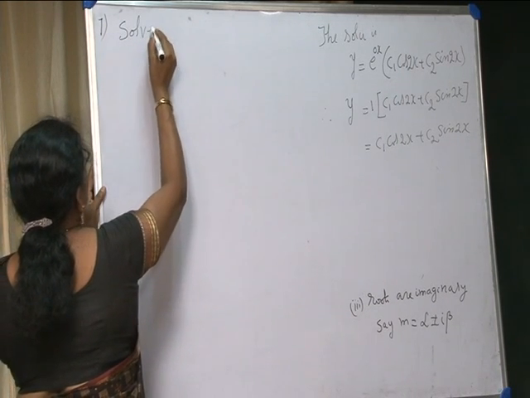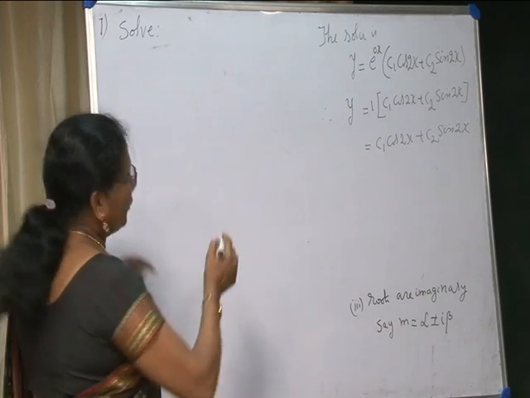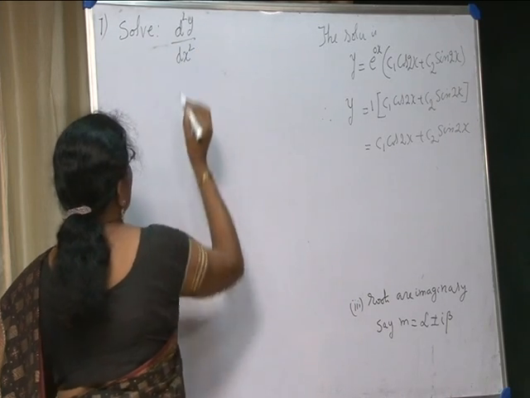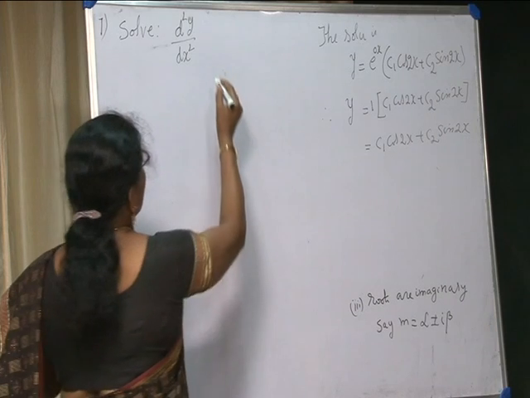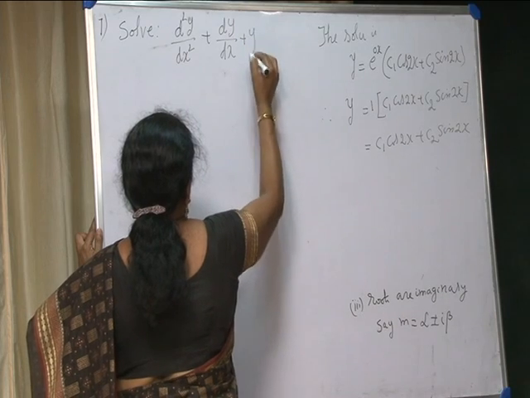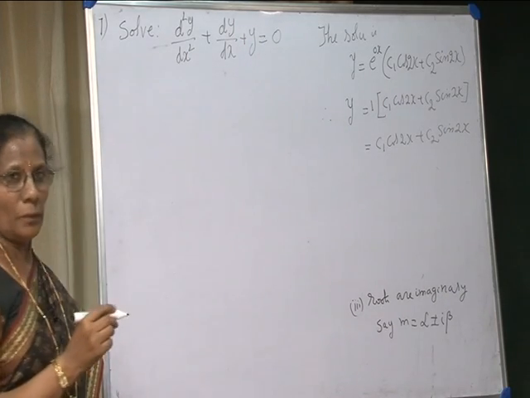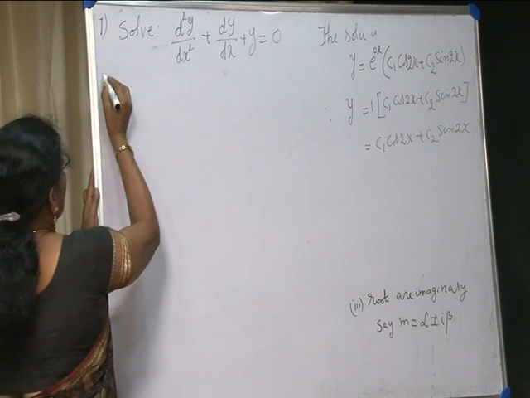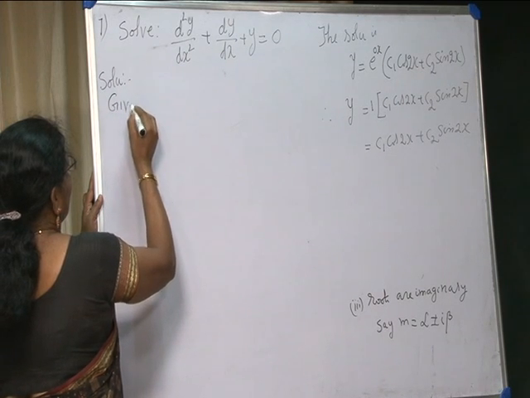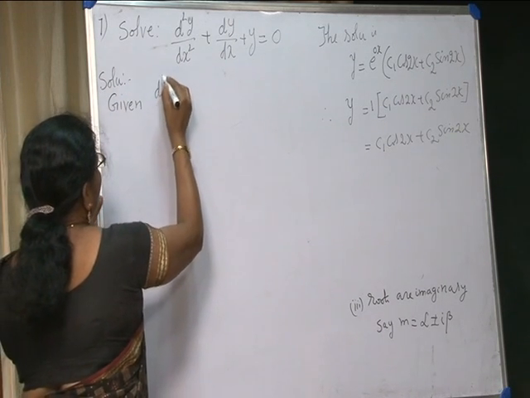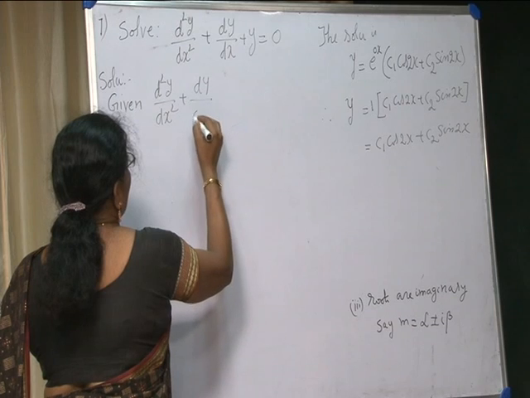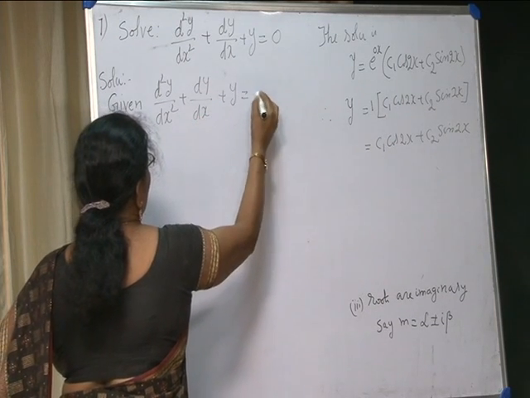Solve d squared y by dx squared plus dy by dx plus y is equal to 0. Solution: given d squared y by dx squared plus dy by dx plus y is equal to 0.